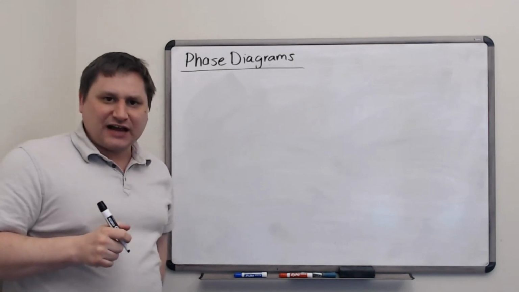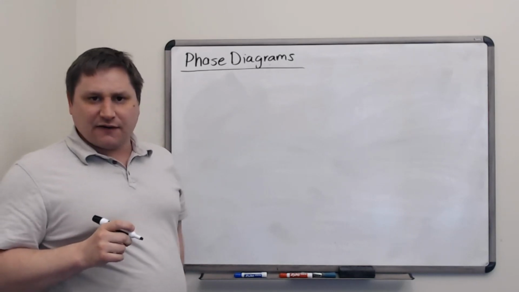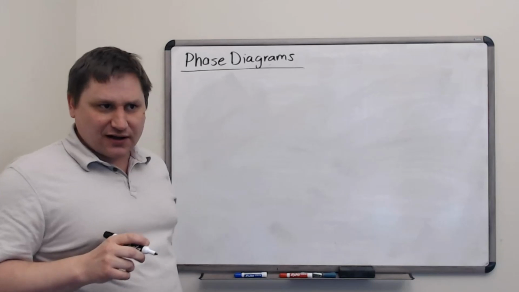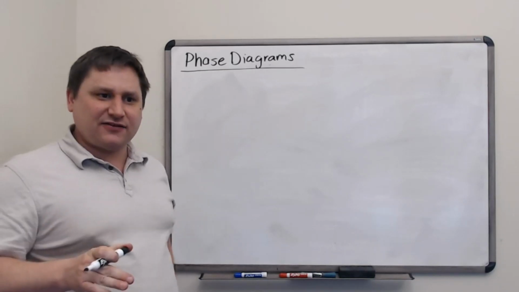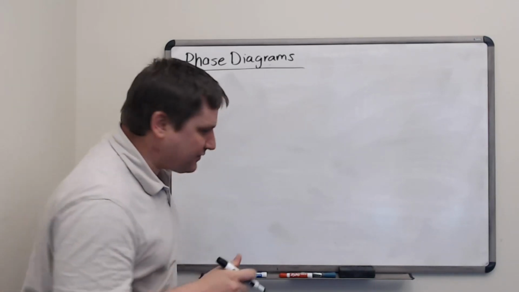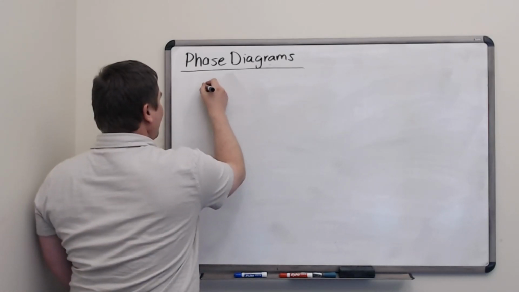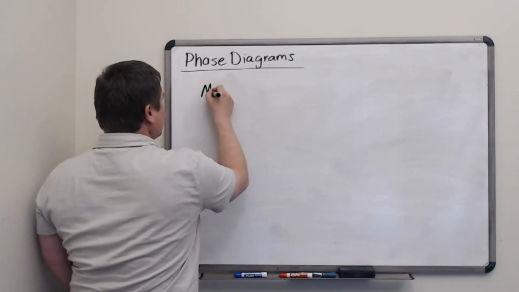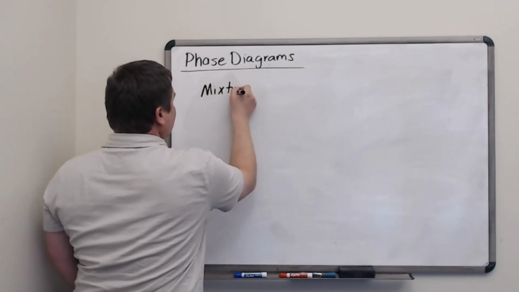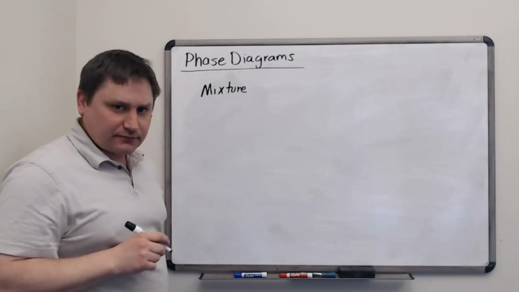Now let's look at a different type of system that also exhibits a phase transition behavior, but it's not the kind of phase transition you might be familiar with. What we're going to do next is make a phase diagram for a mixture.